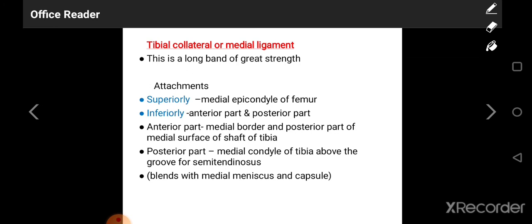Then tibial collateral or medial ligament. This is a long band of great strength, and it is attached superiorly on the medial epicondyle of femur and inferiorly on the anterior part and the posterior part.